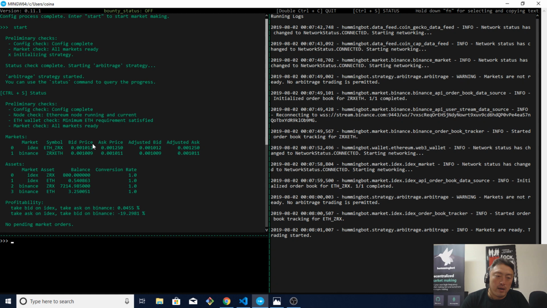On IDEX, the bid price, which is the price that someone's willing to buy 0x, is 0.001012. On Binance, the ask price, which is the price where you can buy 0x, is 0.001011.